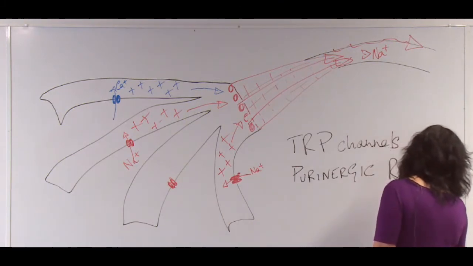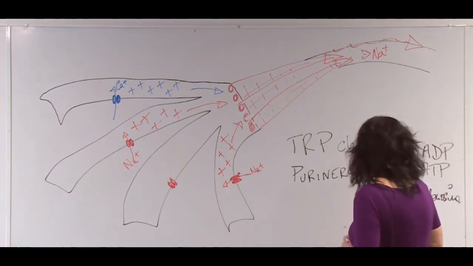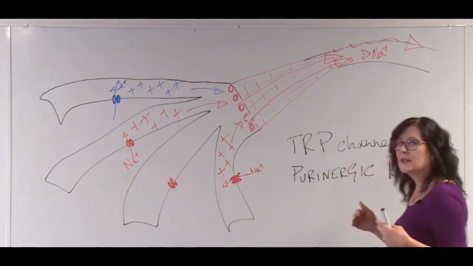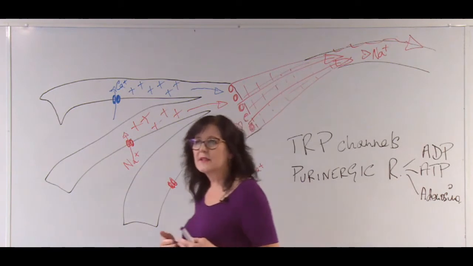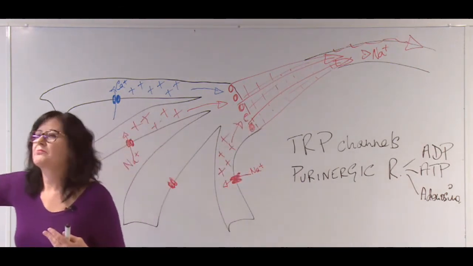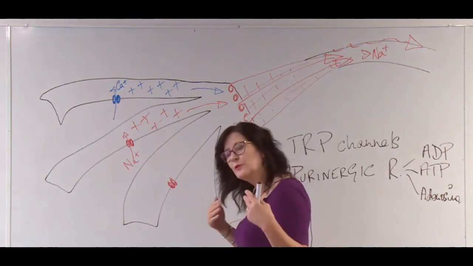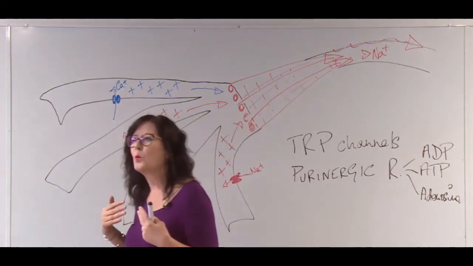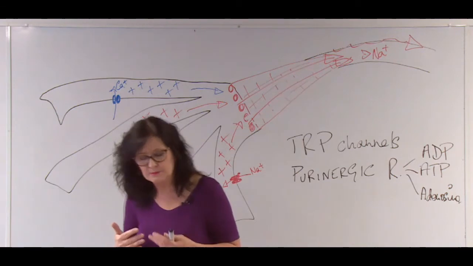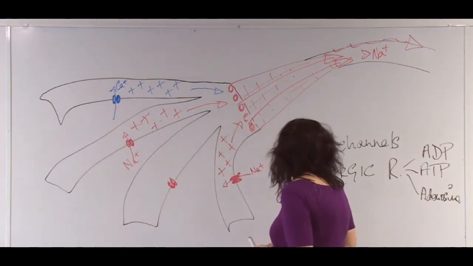Any of those. So purinergic receptors basically bind adenosine and its progression to ATP. And when we talk about particular conditions, we'll talk about why there's ATP available to bind.